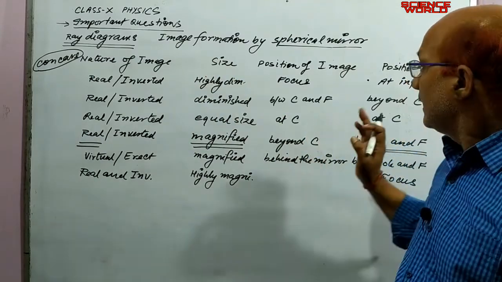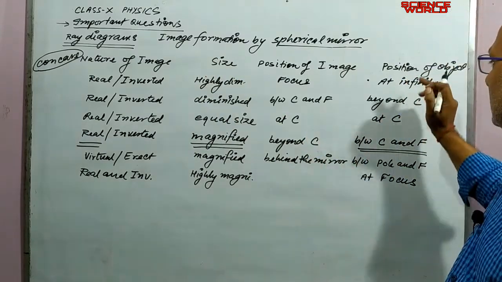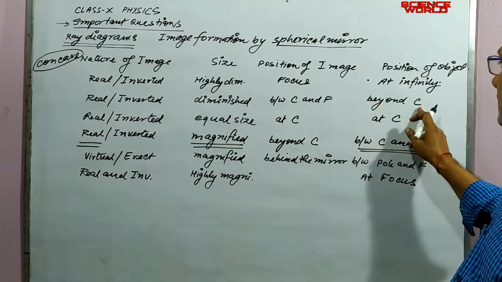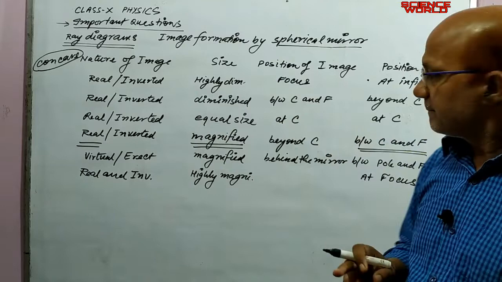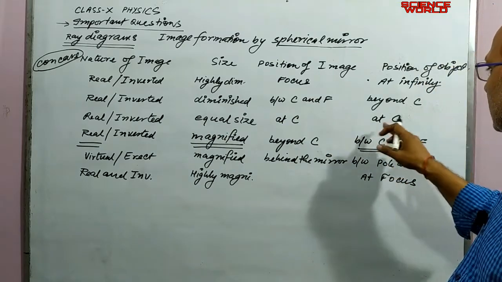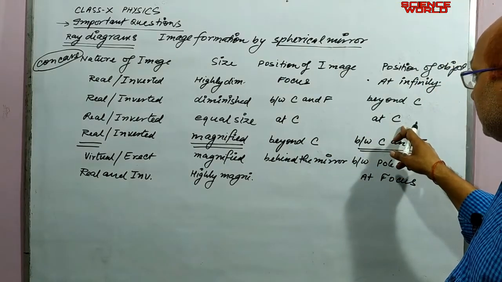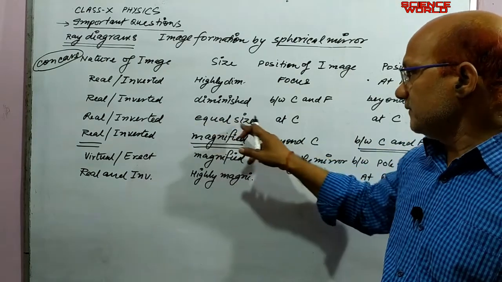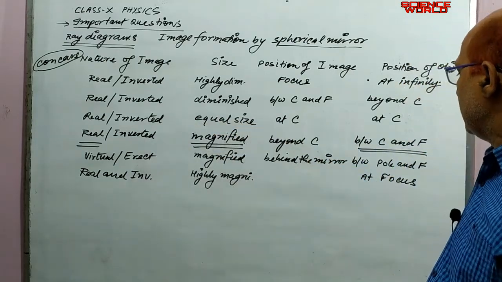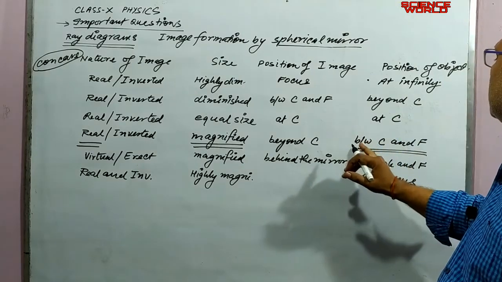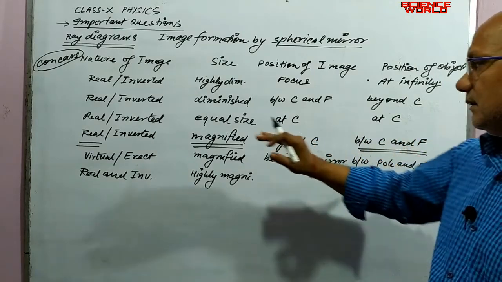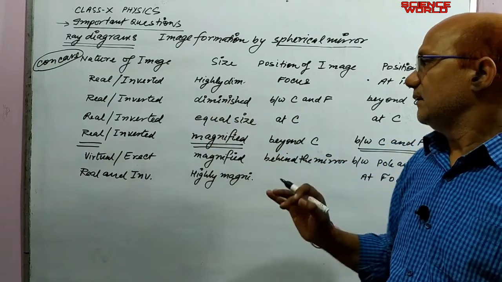Okay. And when the object is beyond C, the size of image is diminished. Okay. And when the object is at center of curvature, the size becomes equal. And when the object is between C and F, the image is magnified.